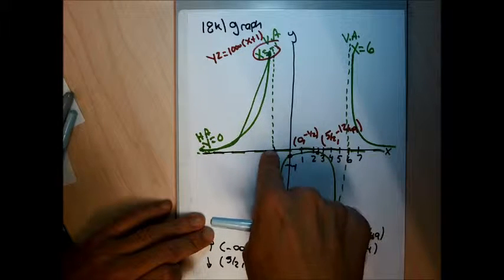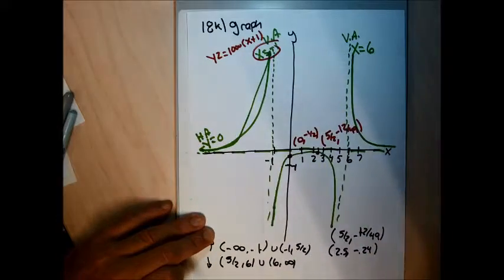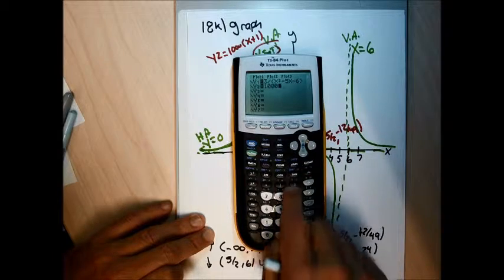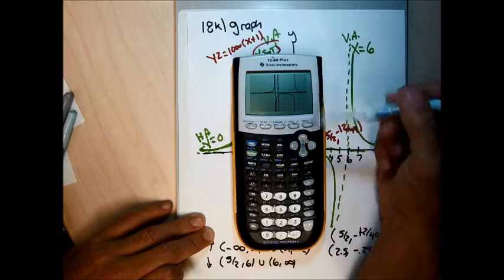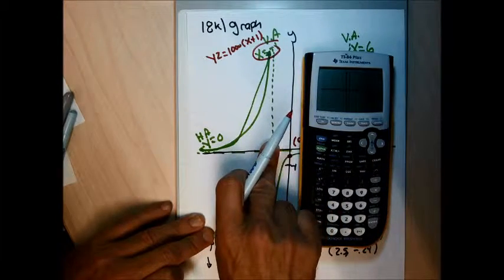My calculator can't draw vertical asymptotes because they're not functions, and it can only draw functions. This would simulate that. So if I went to y equals and typed 1,000 times (x plus 1) and added that to my graph, you'll see that I have my vertical asymptote drawn as a solid as opposed to a dashed line.